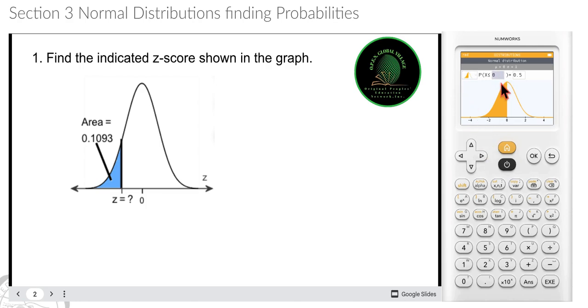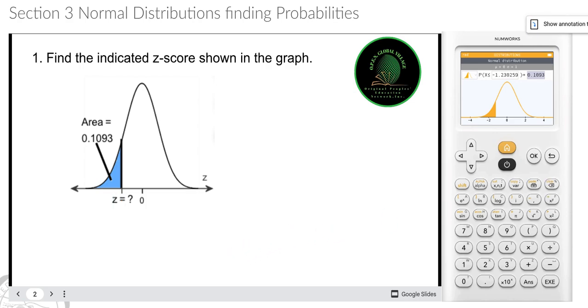Instead of putting a value in here, which would be the z-score, I guess you could plug in and check until you get it. But notice if we come over here, we can enter the percentage, 0.1093. As soon as we hit execute, it finds the z-score for us. Notice it's a negative z-score, which makes sense because it's below 0.